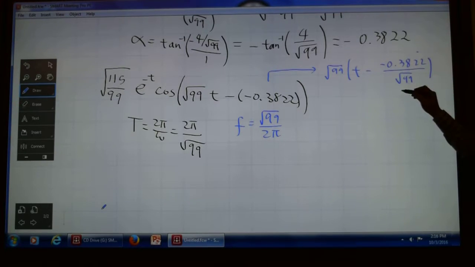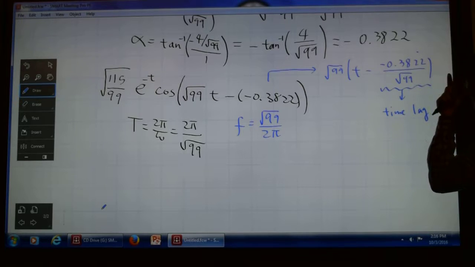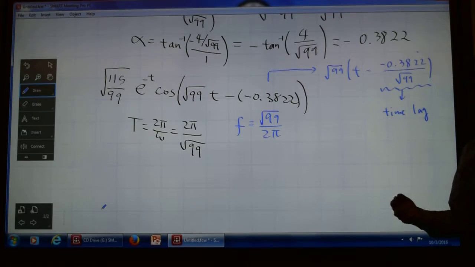And this number here, this much, is called the time lag, because it lags behind. But sometimes it might go ahead. It's not always lagging. It might have a few frequencies going ahead. Okay. So that's the time lag.